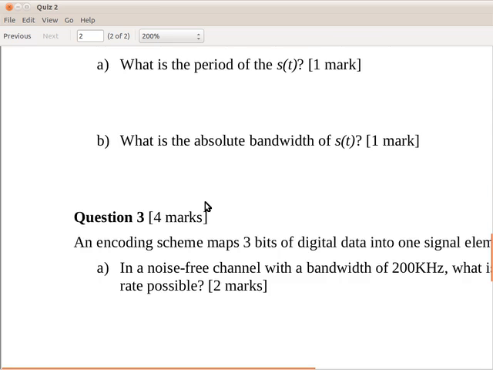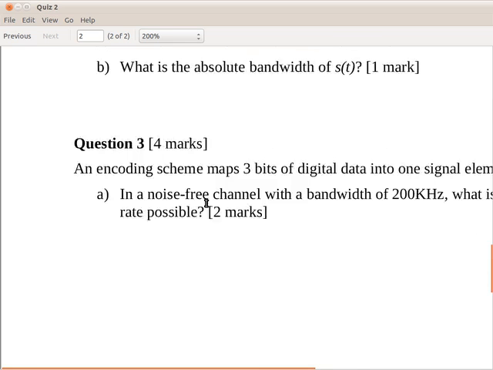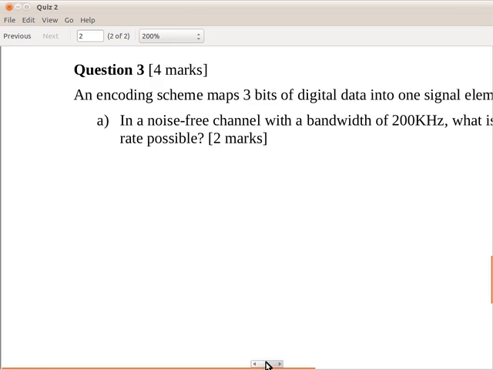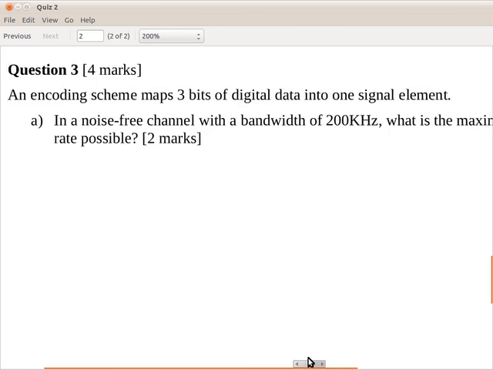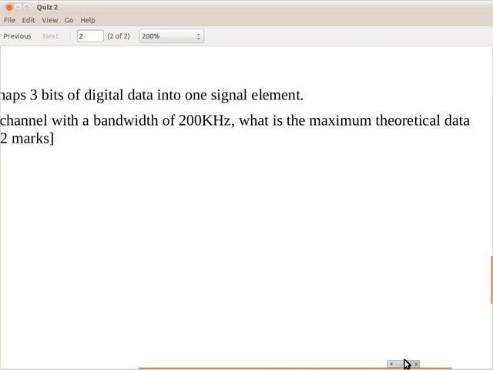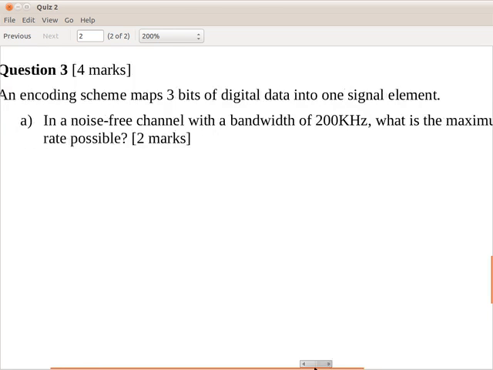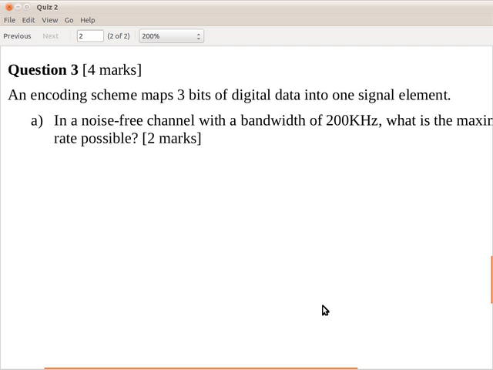Another example. There's our question, and it's what is the maximum data rate possible?